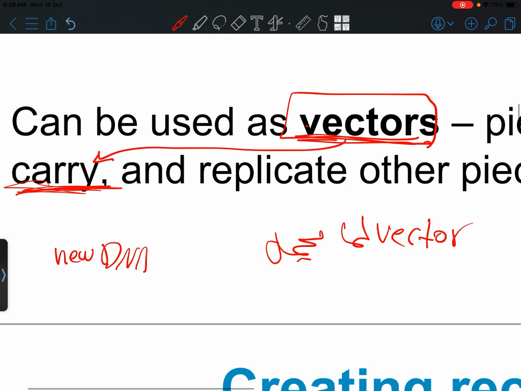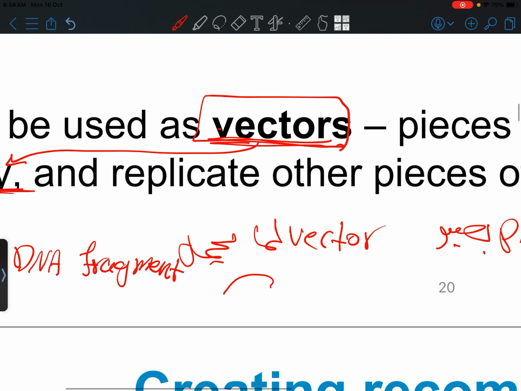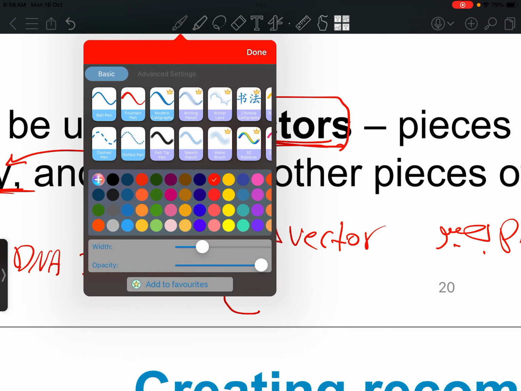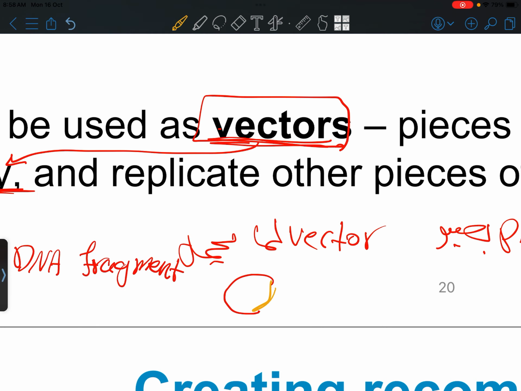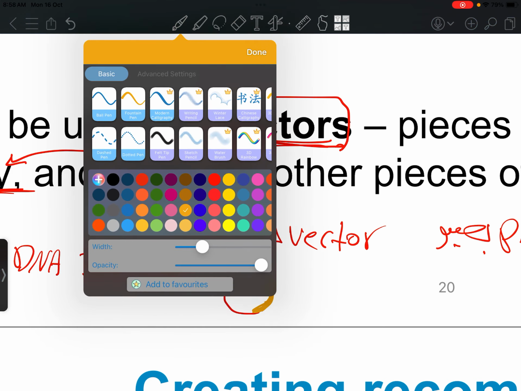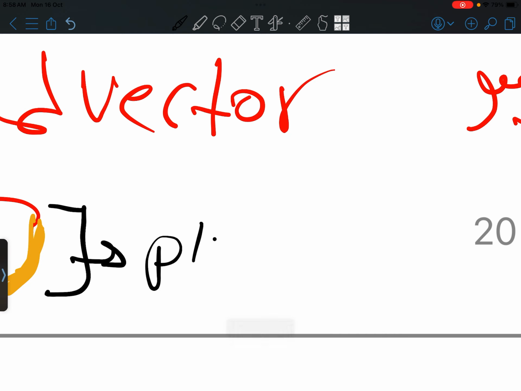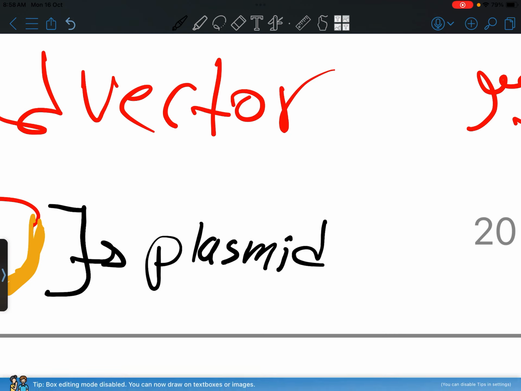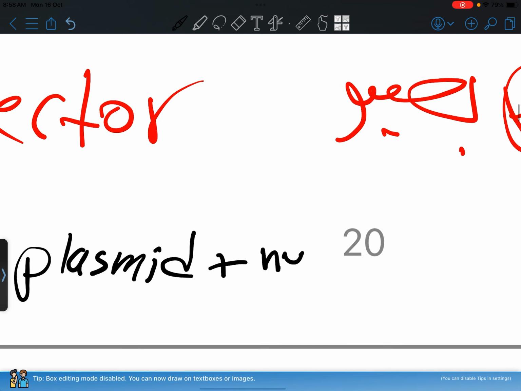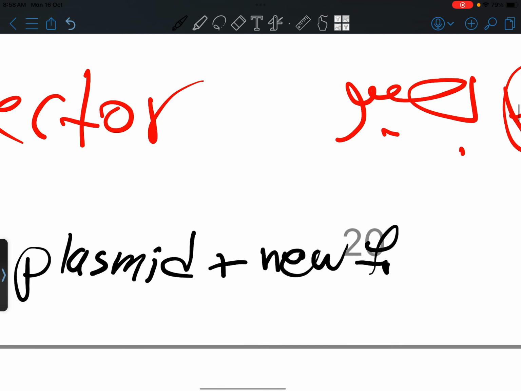Here, what you see is human DNA, and we need to take a piece of this human DNA and put it inside what? Inside a plasmid.